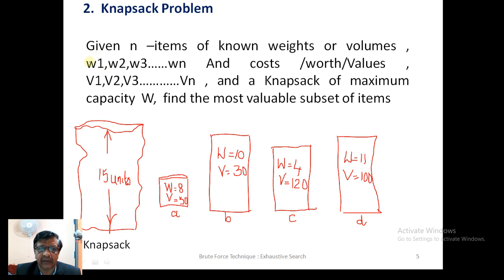The item 1 has a value 1 and weight 1, and we are given a knapsack of a particular capacity. It can hold a particular amount of weight, and we have to insert these objects into this bag so that the weight capacity is not exceeded, and in the melee we will also collect high valued elements.